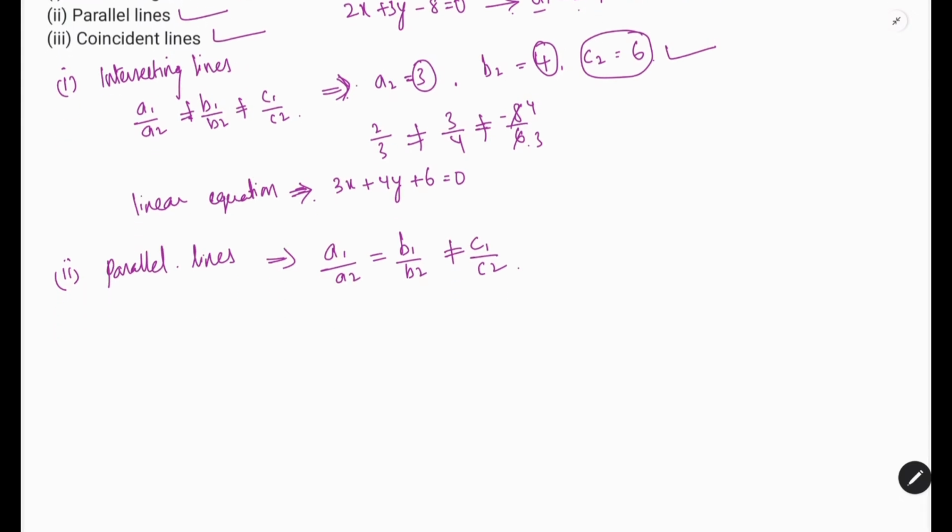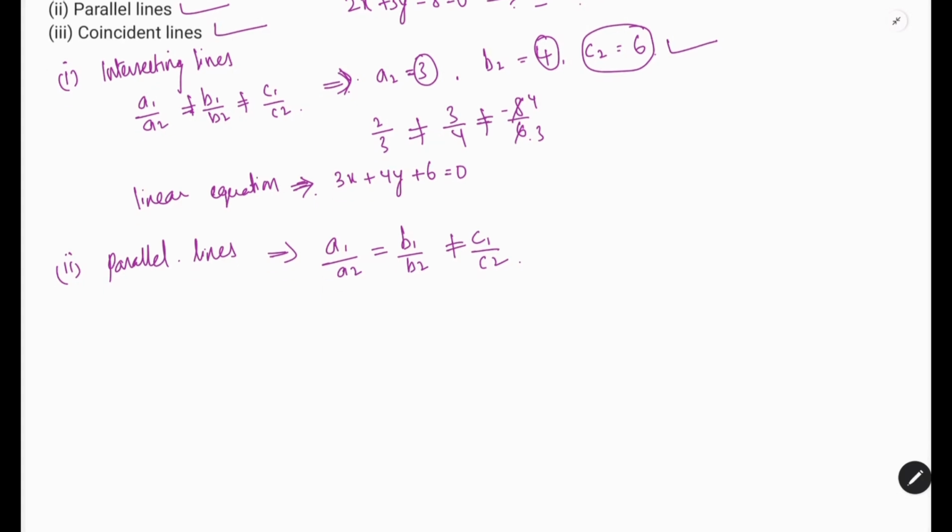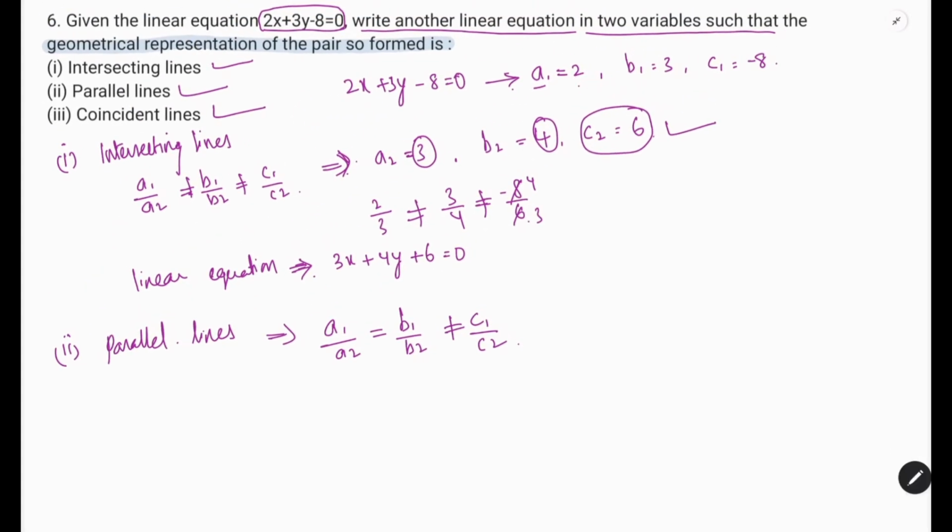Here we know a1 is 2, b1 is 3, c1 is -8. We will write these values: a1 is 2 by a2, which we will assume, equal to b1 is 3 by b2, which we will assume, and not equal to c1 is -8 by something.